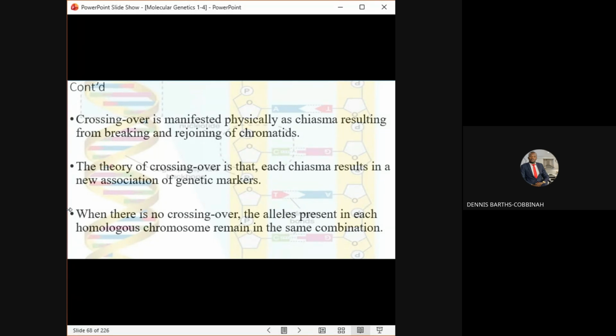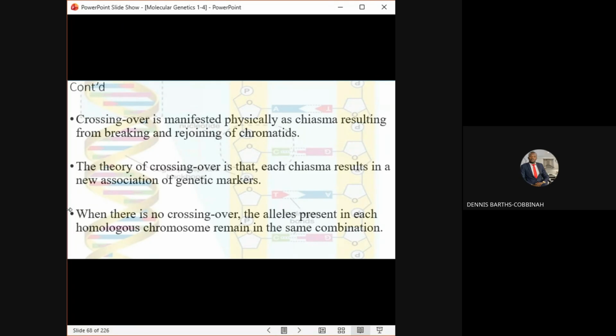But if crossing over occurs, there is dissociation of a portion of this chromosome and reassociation with non-homologous chromatin. So it will break and rejoin others, and you have variation occurring in such individuals.